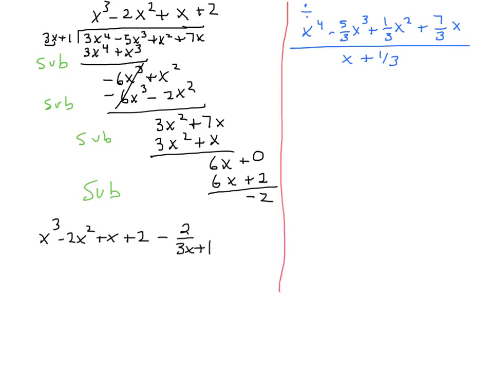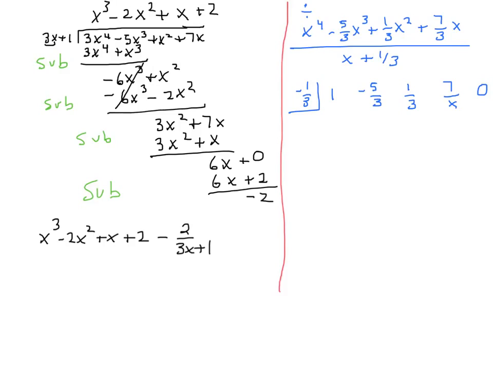All right, so we set up our synthetic division. We put negative 1/3 in the box. We put the coefficient of x to the 4th, then the coefficient of x to the 3rd, then the coefficient of x squared, and then the coefficient of x. We also have to put a 0 for our coefficient of x to the 0, or our constant term.